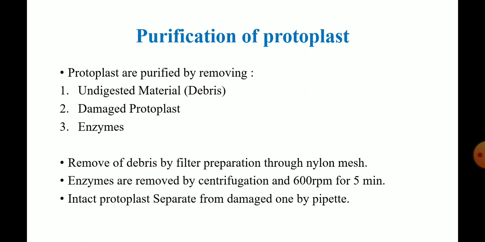Enzymes are removed by centrifugation at 600 rpm for 5 minutes. The protoplasts settle at the bottom. Intact protoplasts are separated from damaged ones with the help of a pipette.